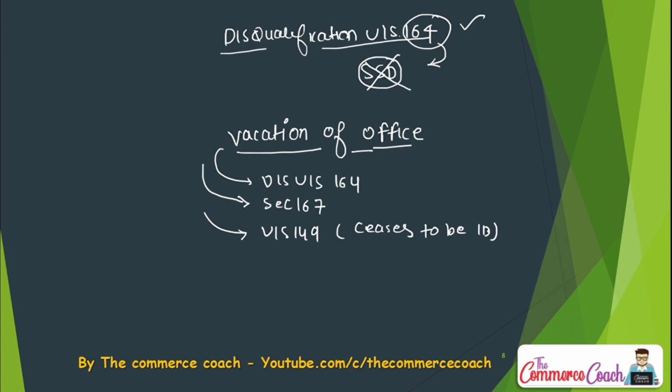Now, sir, if he is disqualified under section 164, then he would not be able to be appointed as a small shareholder director. We will talk about small shareholder director only, nothing else. If he has done something under section 167, then also he would not be able to be appointed as a small shareholder director.